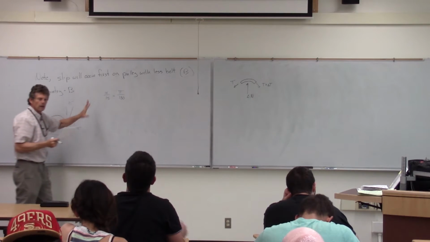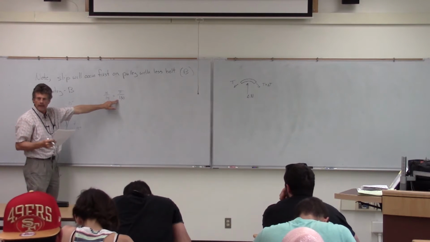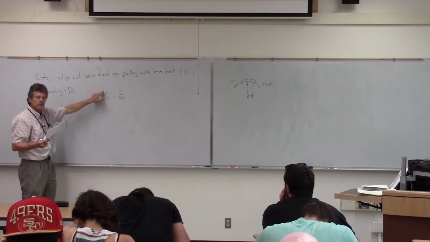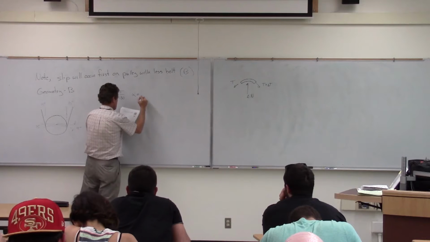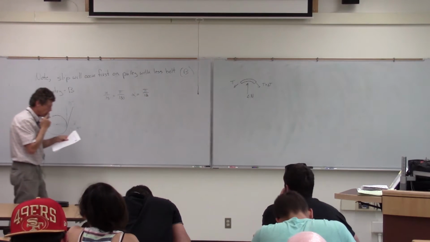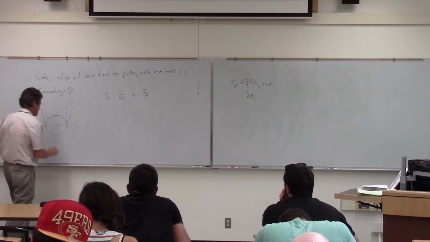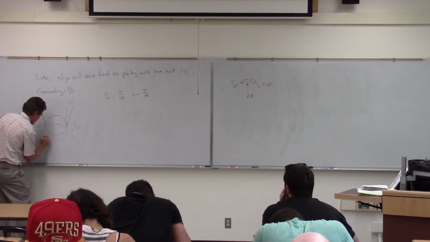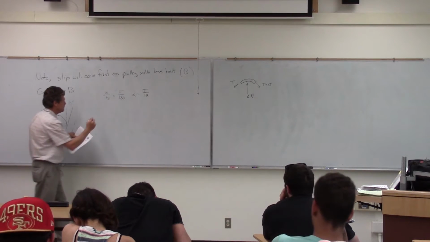I'm going to lay out a ratio here: pi is to 180 degrees, or 2 pi is to 360, whichever you want to do, is equal to alpha is to the 15. So basically my alpha will be pi over 12. And what I'm really interested in then is what I'll call beta.